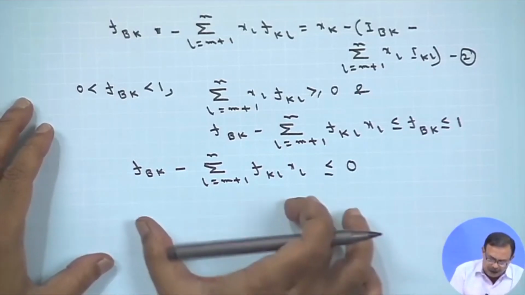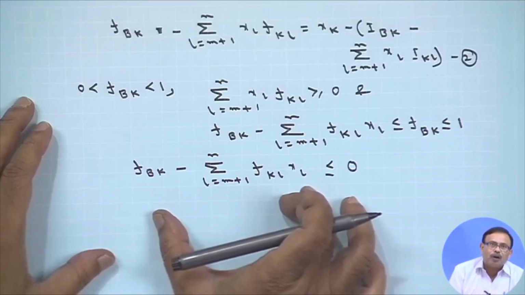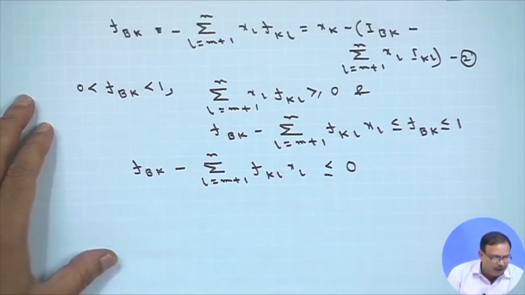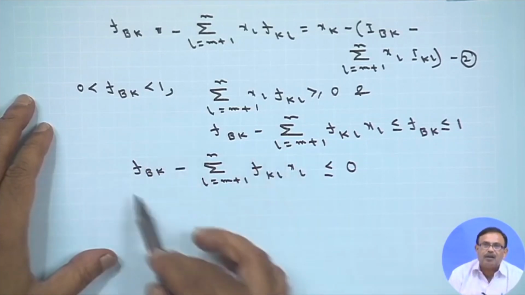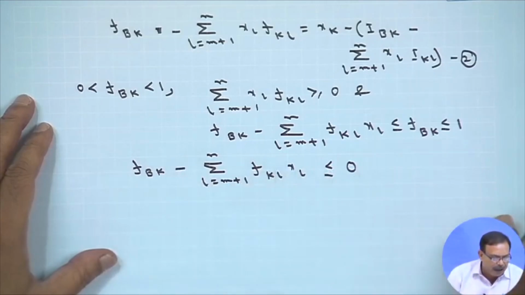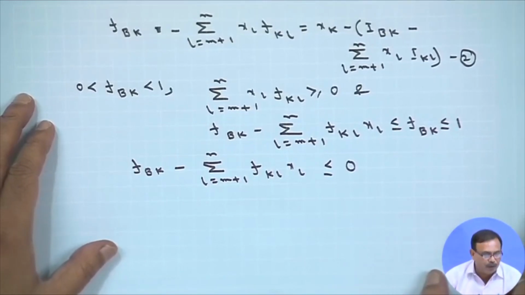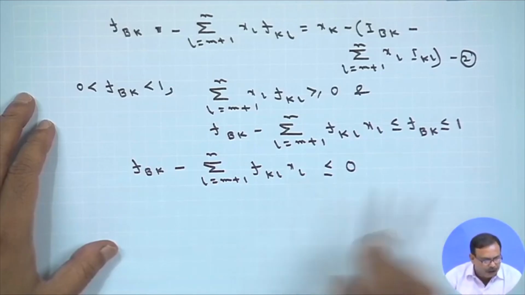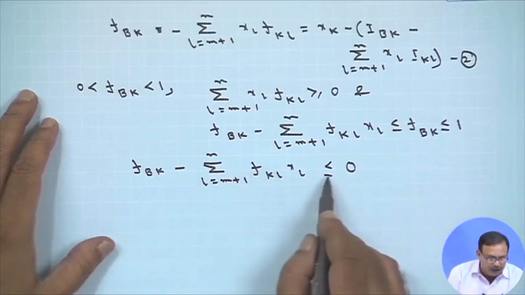Now, this part, f of BK minus summation L equals m plus 1 to n f of KL XL, this part is an integer, then it should be either 0 or it must be negative. So, then there must be some inequality by which we can introduce some non-negative Gomorian slack variable to make it an equality.